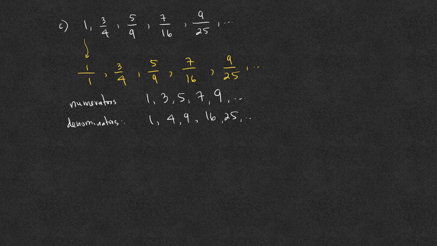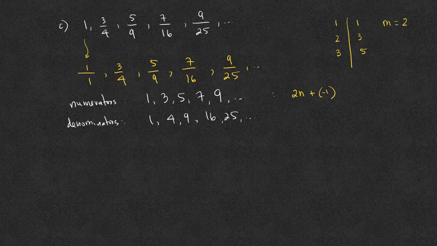In the numerator, we see that the outputs increase by 2 each time. And so we must have the sequence in the numerator being 2n plus or minus something. We can use the input n equals 1, the output 1, the input 2, the output 3, the input 3, the output 5, and we can find the slope m equals 2.